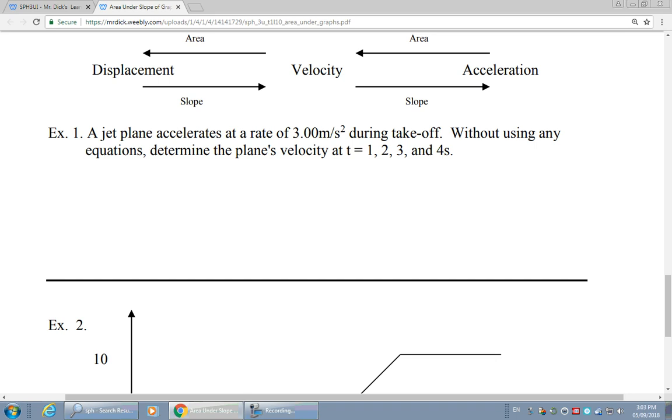For starters, though, it might be useful just to quickly sketch out a diagram of this motion graph. So if we're given information about the acceleration of this jet plane, then we actually have enough information to draw an AT graph.